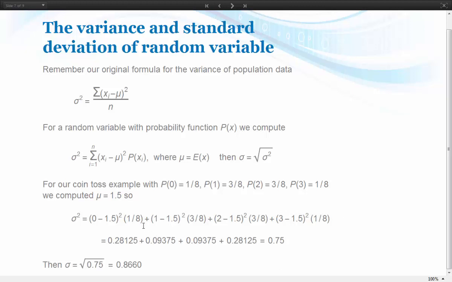If you do that math numerically and with care, you'll see that the variance is 0.75, adding up these individual contributions, and so the standard deviation, the square root of the variance, is 0.866.